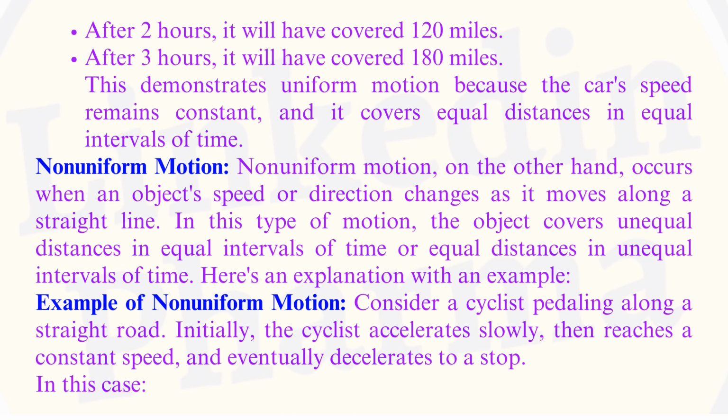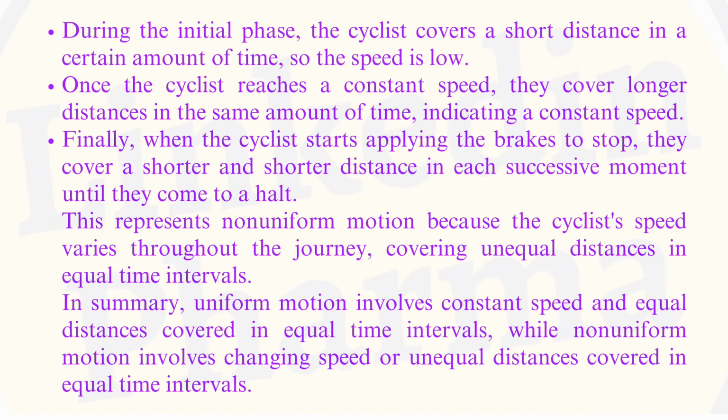Example of non-uniform motion. Consider a cyclist pedaling along a straight road. Initially, the cyclist accelerates slowly, then reaches a constant speed, and eventually decelerates to a stop. In this case, during the initial phase, the cyclist covers a short distance in a certain amount of time, so the speed is low.